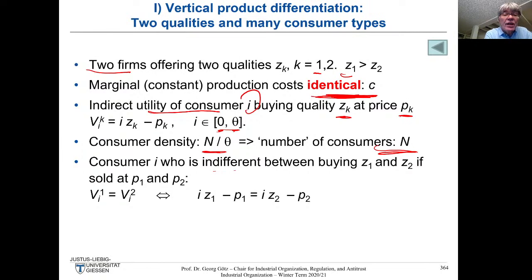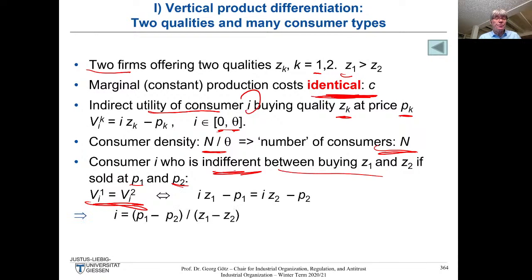We also calculated the indifferent consumer, the consumer who is indifferent between buying product 1 or product 2 if they are sold at prices p1 and p2. So this is this guy here, and this is exactly the same kind of condition.